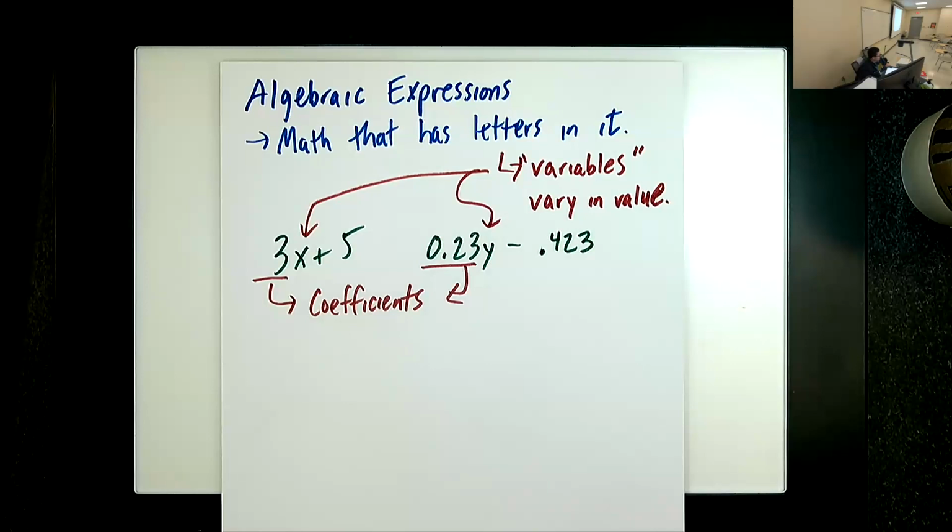It's a long word, but it's shorter than saying the number multiplying by the variable. We have a couple rules that we can use in this.